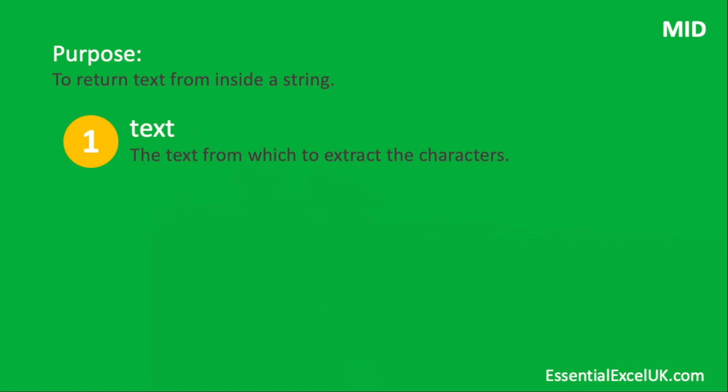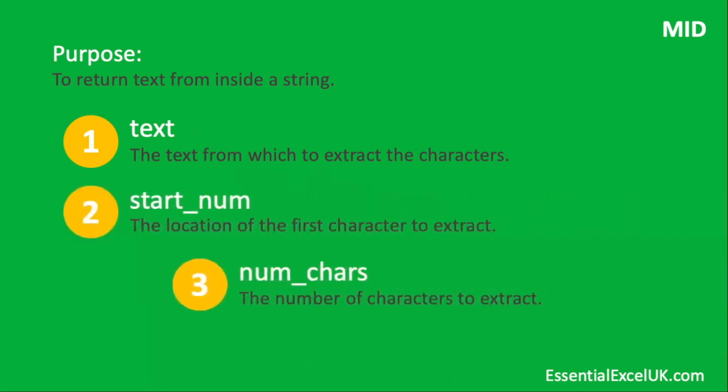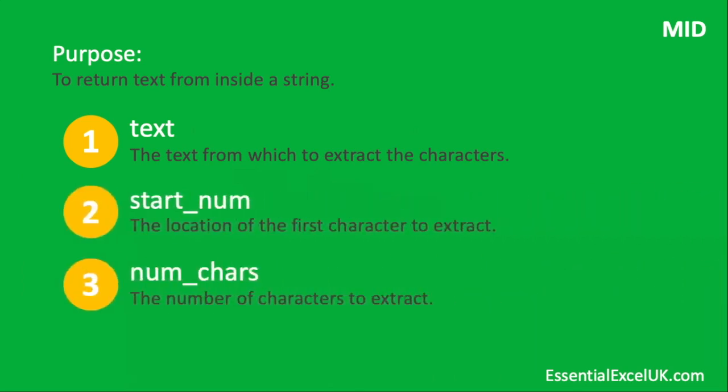So the last one we're going to look at is mid. So the purpose of mid is again to extract text, but for mid it is to return text from inside a string. It's made up of three parts, this one. So the first is text, so this is the text from which to extract the characters. We now have a start number. So this is the second point, what is the location of the first character to extract.